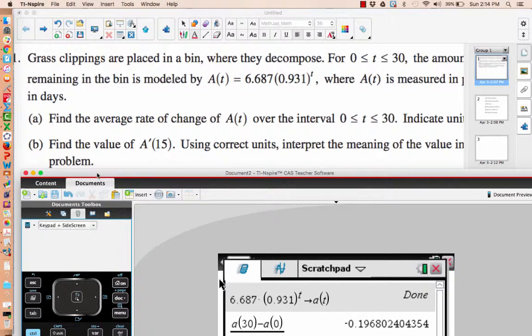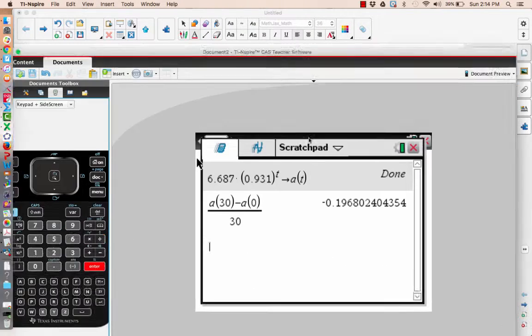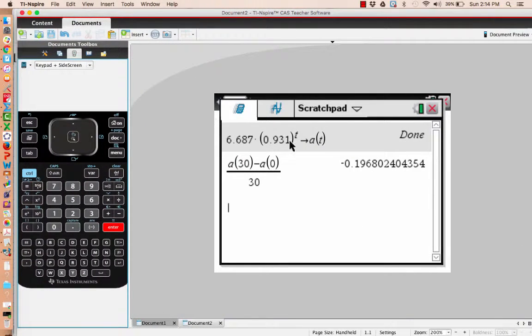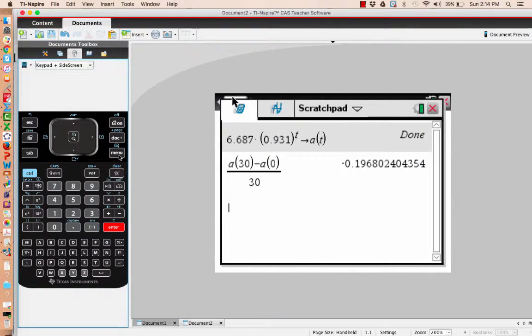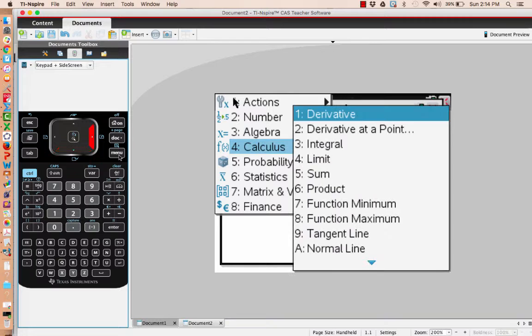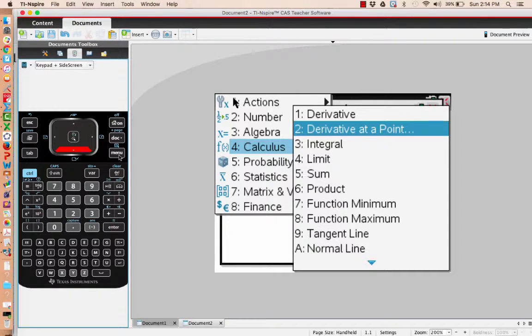Part B says find the value of A prime of 15. Using correct units, interpret the meaning of the value in the context of this problem. Now, you are free to calculate the derivative of A by hand or on the calculator and then plug in the value 15. However, the calculators have a nice feature called derivative at a point, which I would encourage you to use.